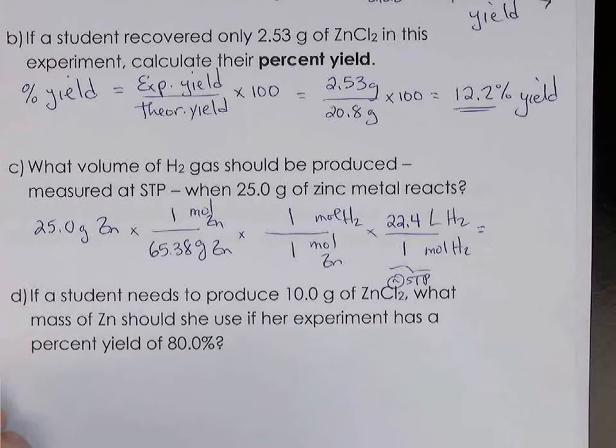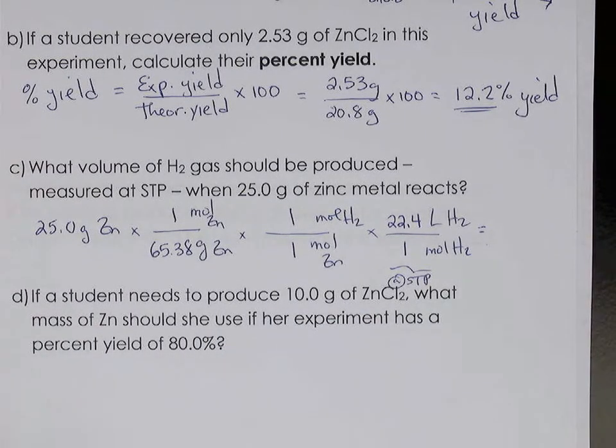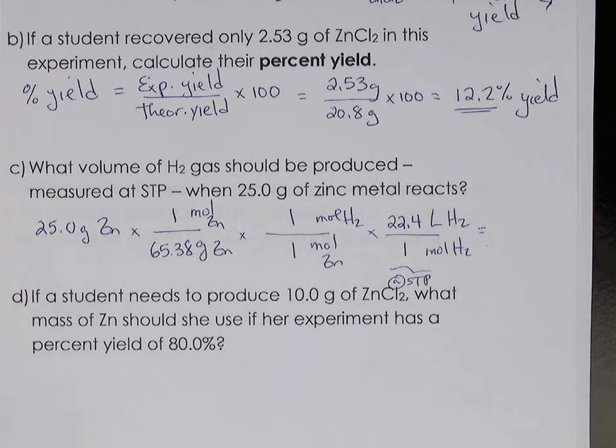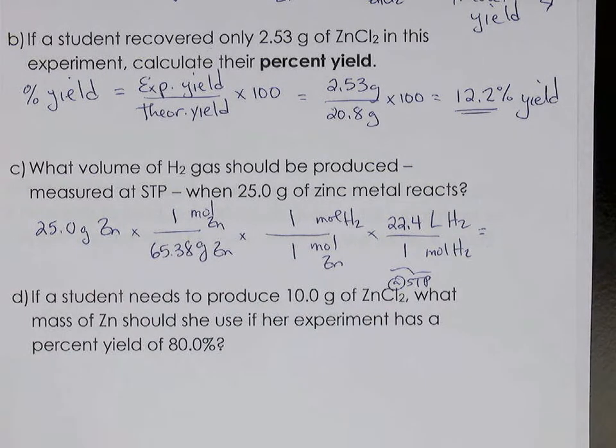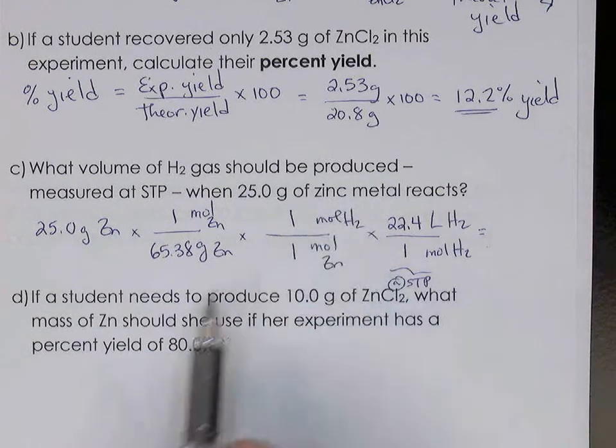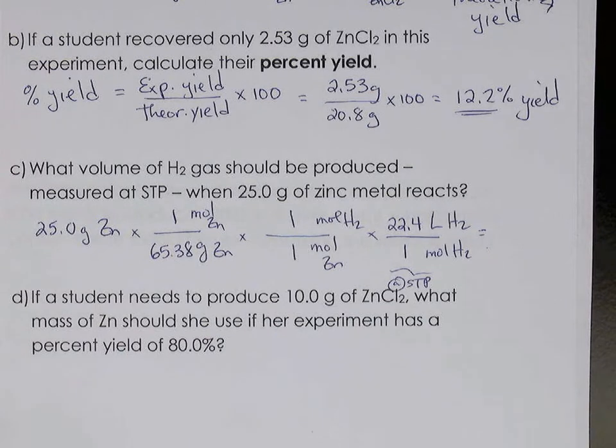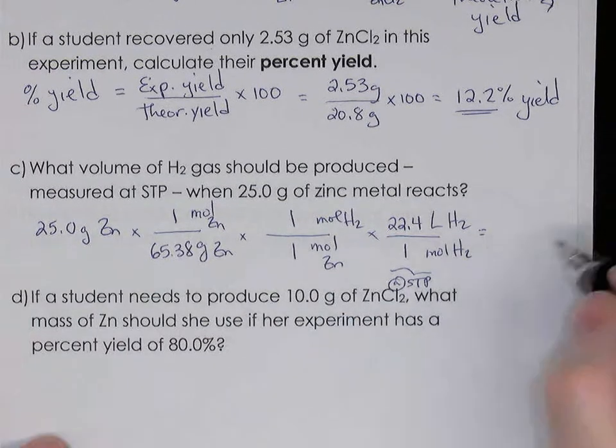So now we can calculate the volume of hydrogen, 25 grams divided by 65.38 grams. This is how many moles of zinc we used. Multiply by 1 to convert to moles of hydrogen, and then multiply by 22.4 to get the volume.